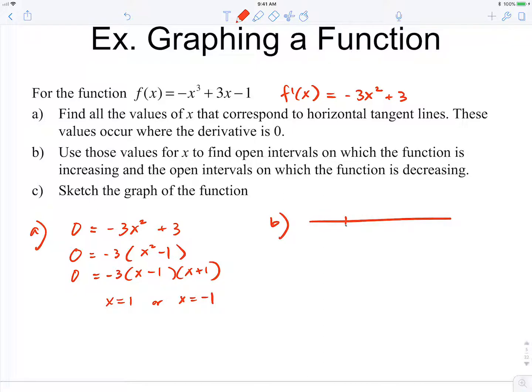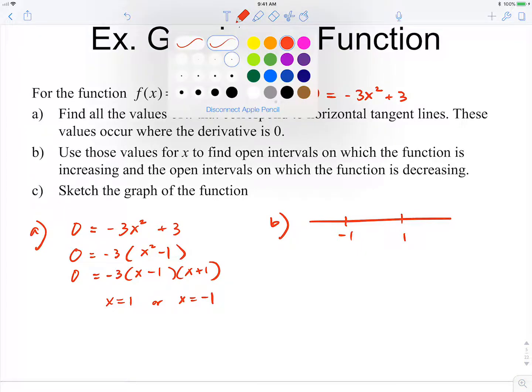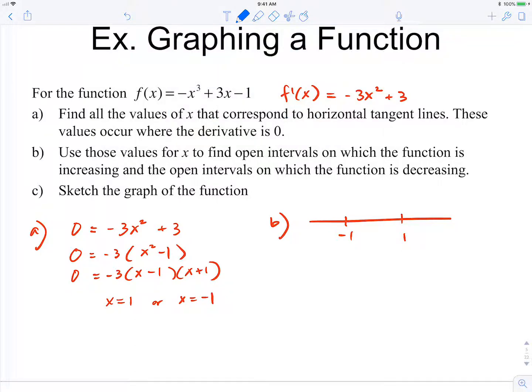So part B, I'm going to make an analysis line. I'm going to put the x values that we just found on that analysis line. And then I'm going to pick a number to the left and right of each of those values. So -2, 0, and 2. So I want to know what the sign of the derivative is to the left and the right of each of those values.